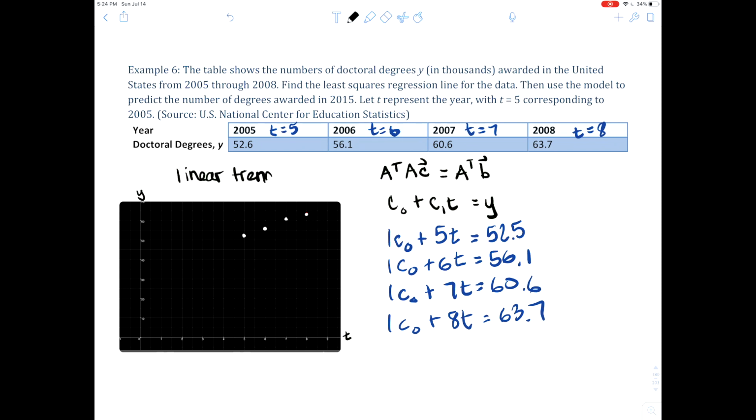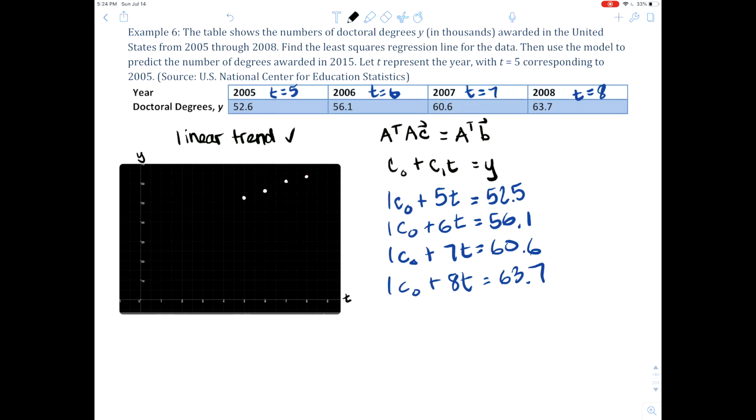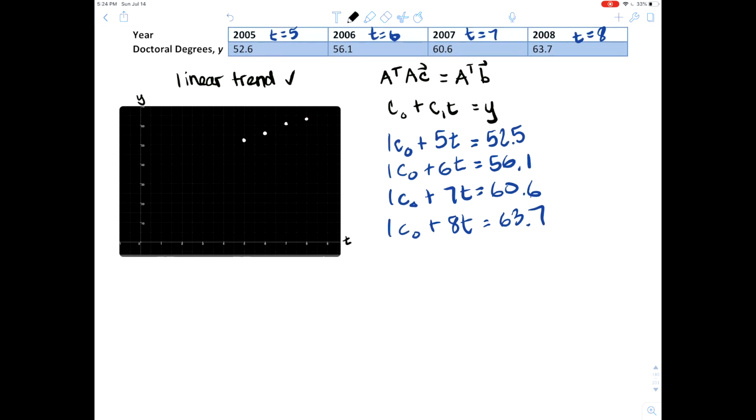Cool so far? So we checked that we had a linear trend. Linear trend, yes, check, right? And then now we have the means to make our A, right? So our A equals the coefficient matrix 1, 5, 1, 6, 1, 7, and 1, 8. Good so far?